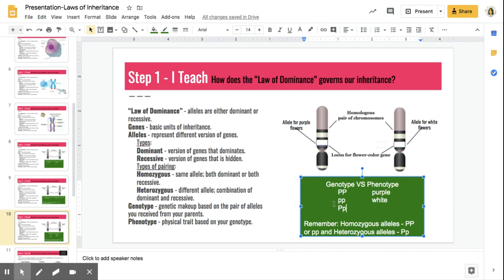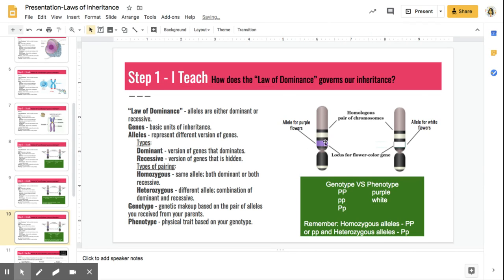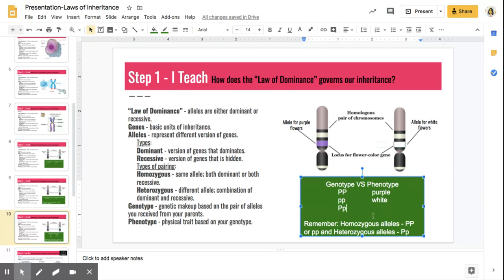So if you have a genotype which is heterozygous, a combination of purple allele, which is dominant, and a white allele, which is recessive, you might think combination of purple and white, that must be light white. I mean light purple or faded purple. But according to the experiment of Mendel, instead of having a light purple color, it's just purple. Same color as your homozygous dominant.